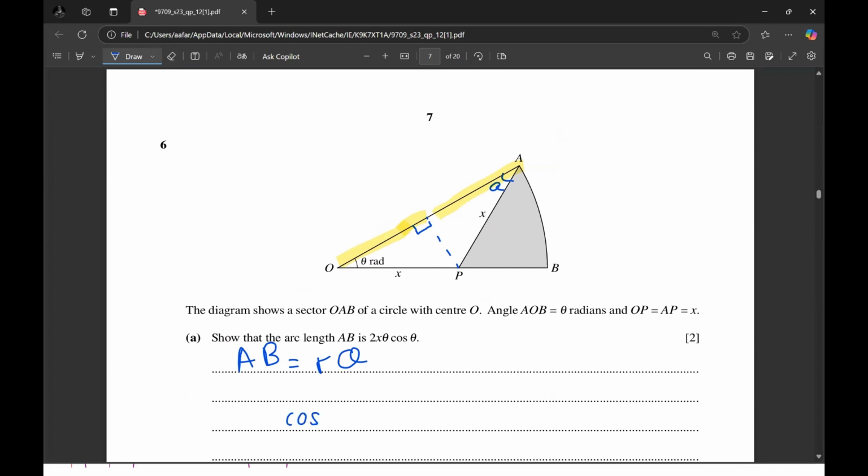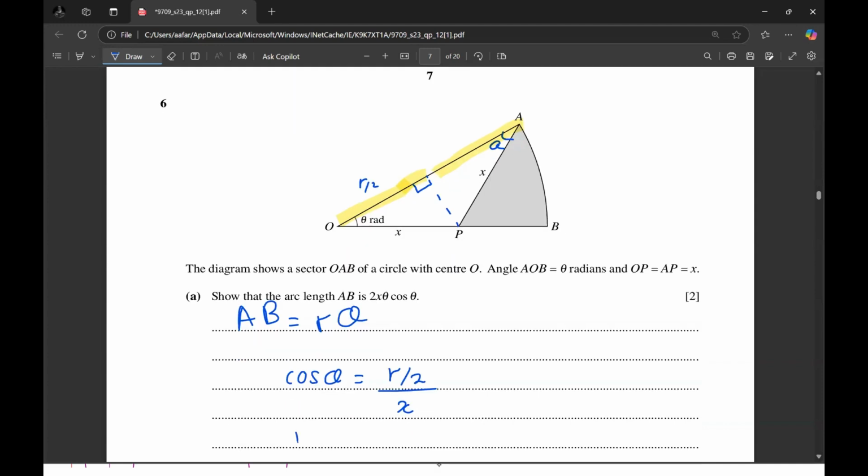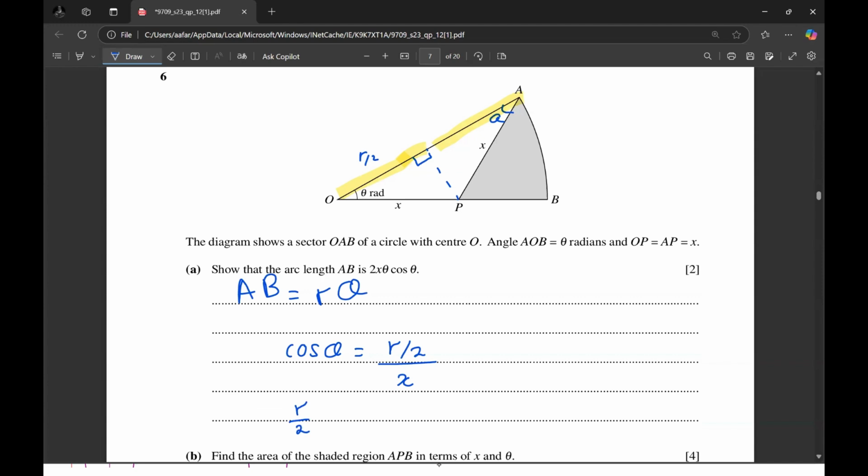So cos theta is equal to, let's call this length r over 2, the base divided by the hypotenuse, which is x. So r over 2 is basically x cos theta, and we multiply that by 2.